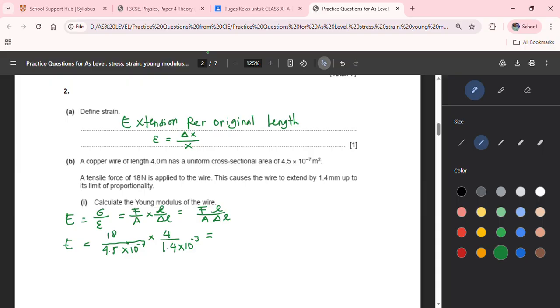Remember, we have to convert to meter all of the length.